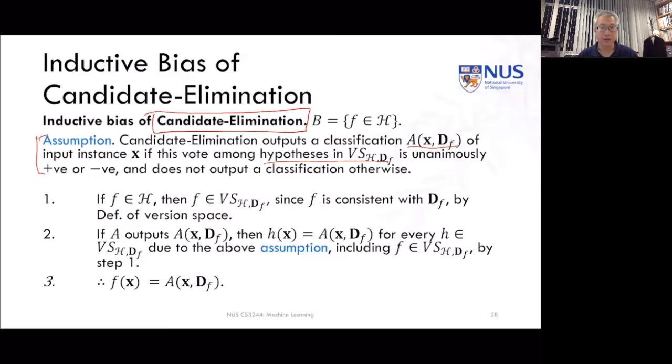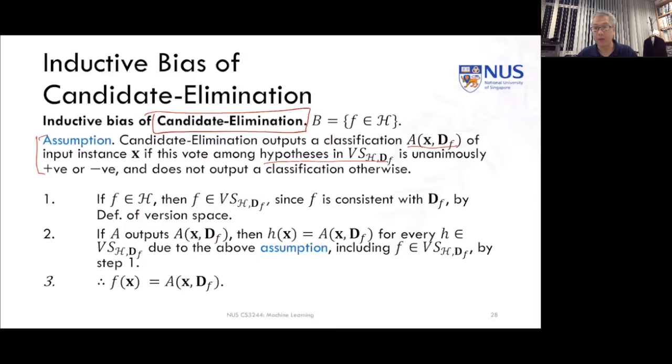Okay, so the second step in our proof is basically to show that if our learner is able to output a classification, then the target hypothesis must also agree, because of our assumption, right? We said that if an input instance votes in a particular direction in a unanimous fashion, it is going to have this property.